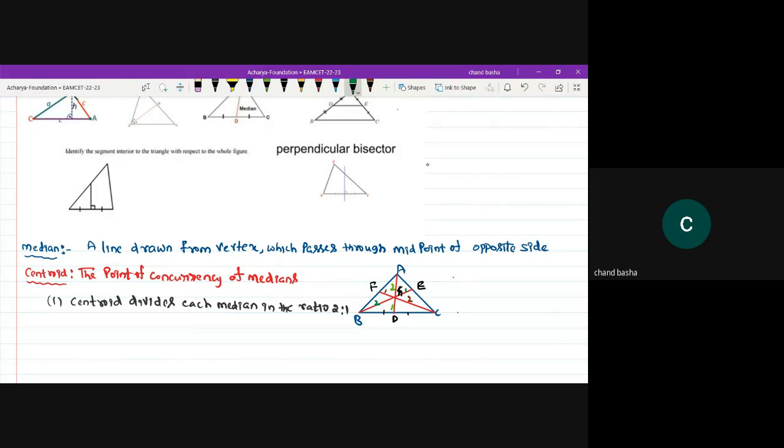The second point is, suppose you are taking the centroid of the triangle. Point number 2: the centroid is given to you. This is vertex A, vertex B, vertex C, and this is G. I'm going to take the corresponding areas.